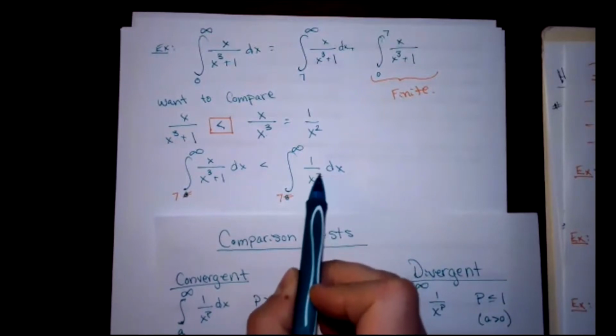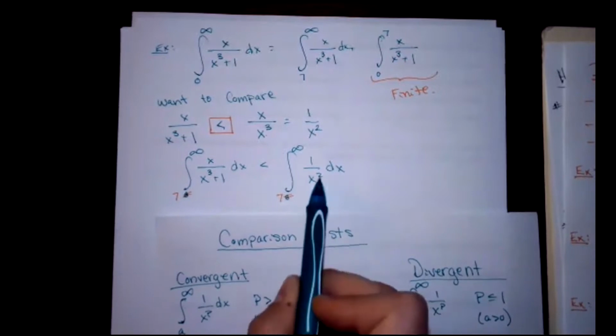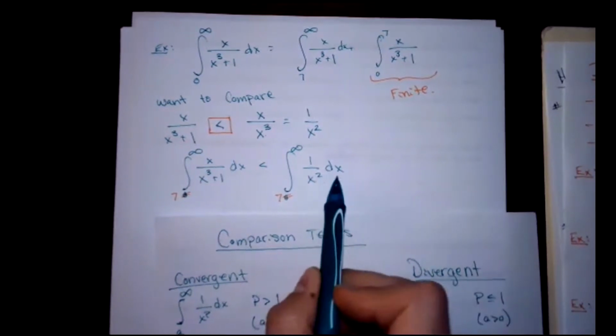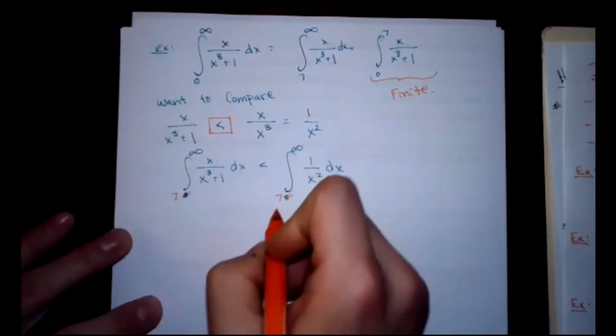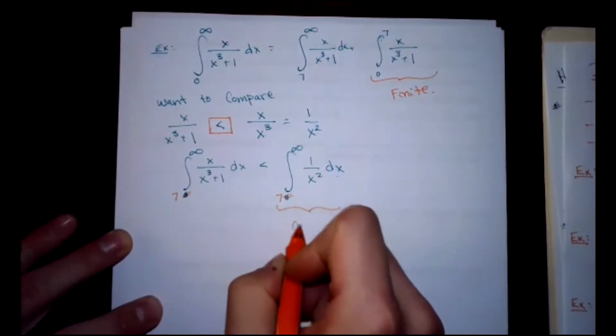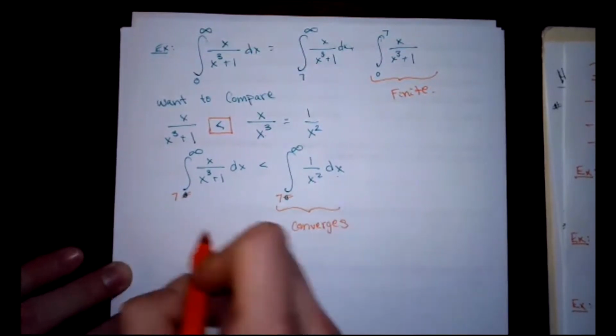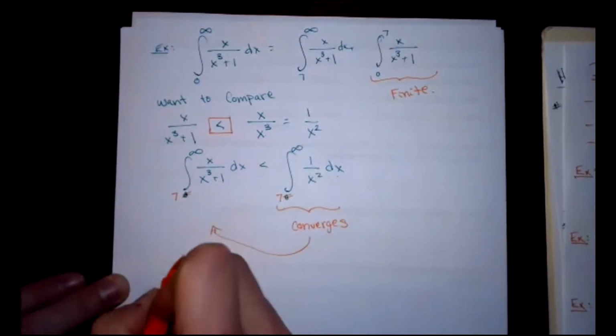Since I have a power function, a polynomial, and the degree of the function is bigger than 1, and I'm integrating from a value that's non-zero, I know that this guy here converges. So because this guy converges, then this guy converges.